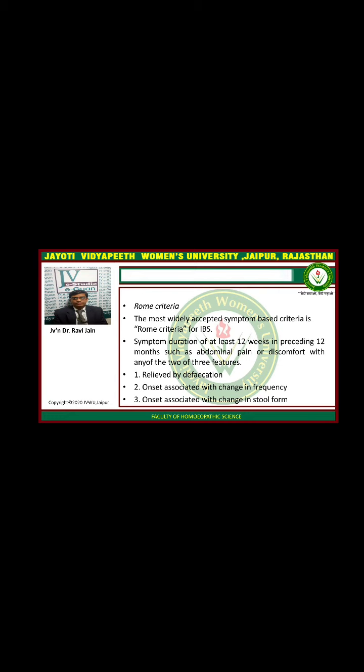It states a symptom duration of at least 12 weeks in the preceding 12 months, such as abdominal pain or discomfort with any two of three features: it should be relieved by defecation, the onset has to be associated with a change in frequency, and the onset is associated with a change in stool form.